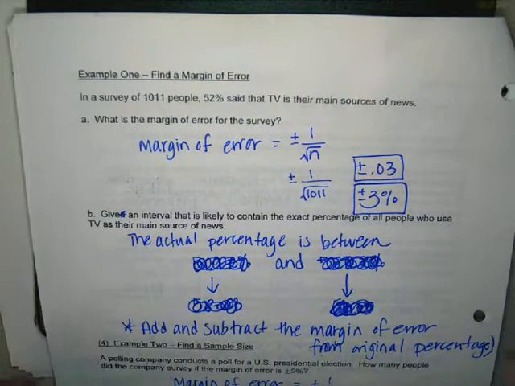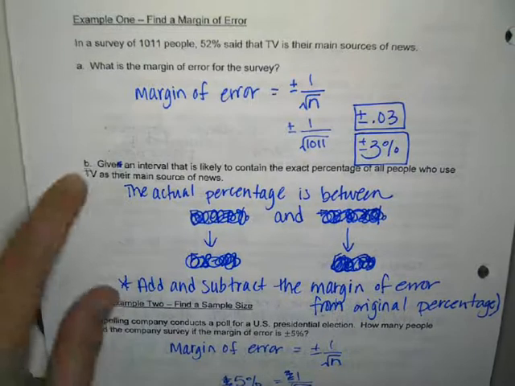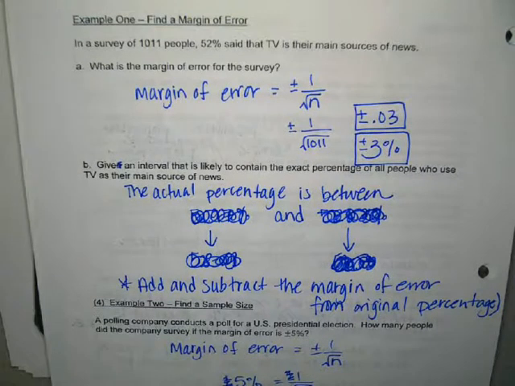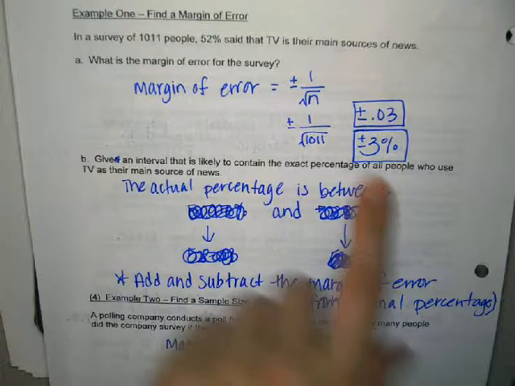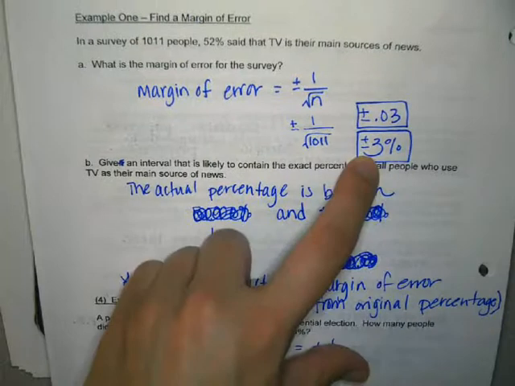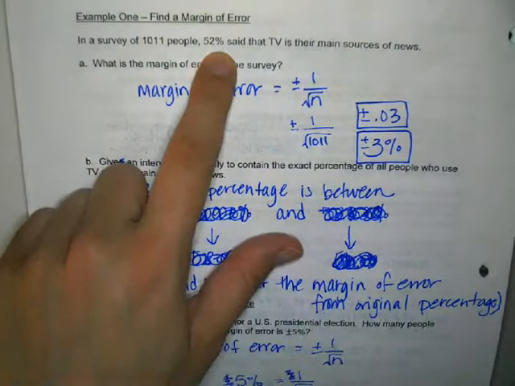Now, how that translates is in B, given an interval that's likely to contain the exact percentage of people that use TV as their main source of news, we would write something like the actual percentage is between... And then we have to take that margin of error plus or minus 3 and actually add and subtract it to the 52.